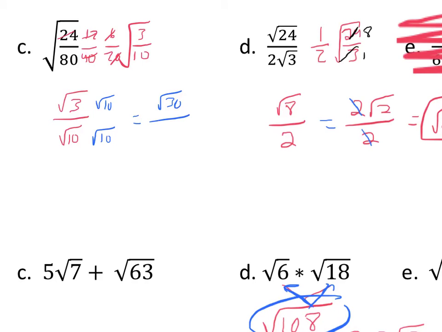On the bottom, root 10 times root 10 is root 100, which is just 10. And that's the point of multiplying it by itself. On the top, we have root 30, which is not simplifiable, and that's our finished answer. Again, 10 and 30, you cannot simplify those because one's in the root and one is not.